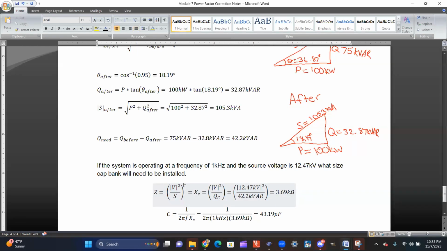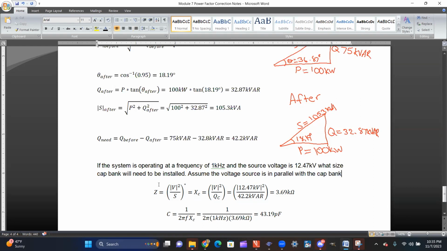And we're going to assume the voltage source, which is in a system.